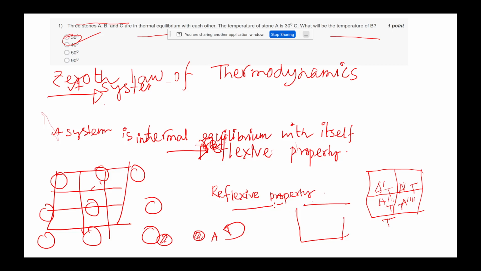But in that 2.5 meter square, in this portion, there will be millions or trillions of gas molecules, right? So we are assigning temperature T to all those molecules.